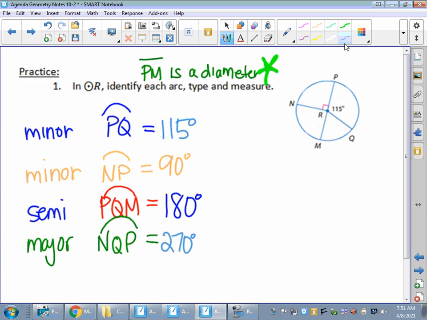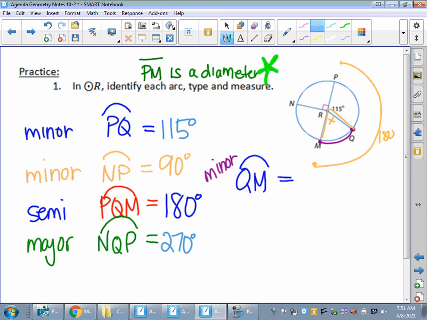How about arc QM? What's the measure of arc QM? So from Q to M, so it's a minor arc, right? Smaller than 180 degrees. I only gave you two letters. If I trace that in, if I know that central angle, I can know the angle of that arc QM. Well, we actually do because we said a couple problems ago that from P to M was 180 degrees.